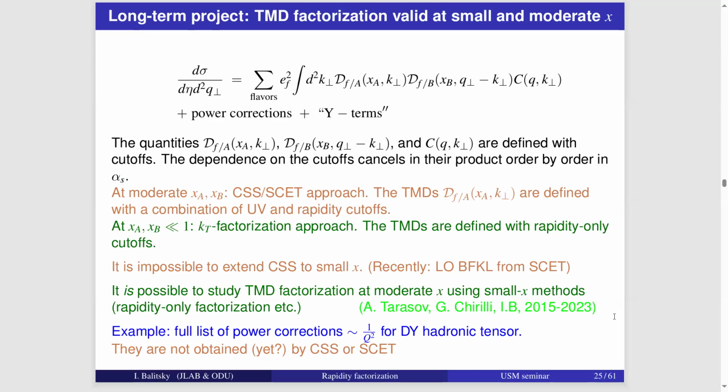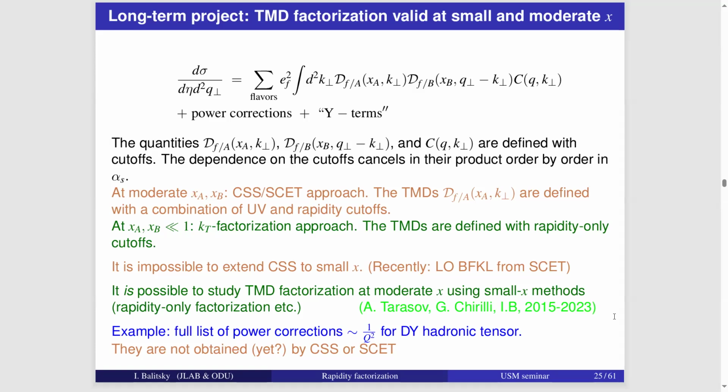TMD factorization is valid at both small and moderate x. As I told you in the beginning, at moderate x you have collinear factorization, at small x you have rapidity factorization. But suppose you are somewhere in the middle, like for the EIC collider, which should you use?